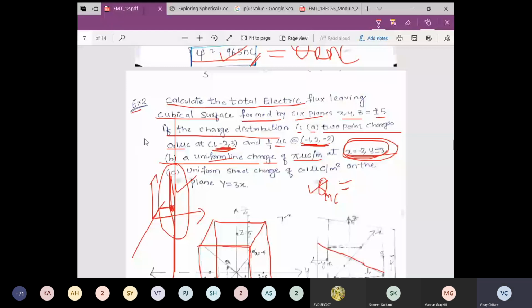Quite simple. I have a line charge, and I want to find the total charge on this line of length L. You know what is the rho L, that is charge density. If you know this, how do you find total charge on the line?